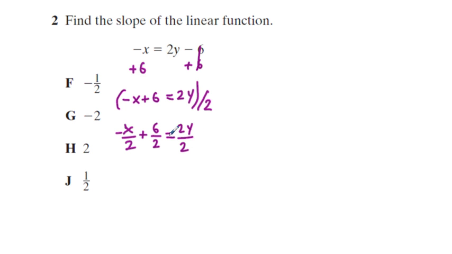And we cancel out the 2 over 2, and we have left negative 1/2 x, and 6 over 2 is 3, equals y. So this is our coefficient of x when we solve for y, and so therefore our slope is going to be this one right here, negative 1/2.